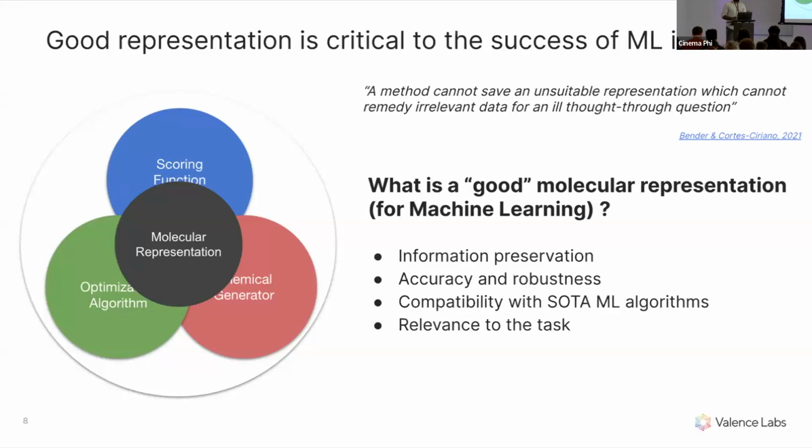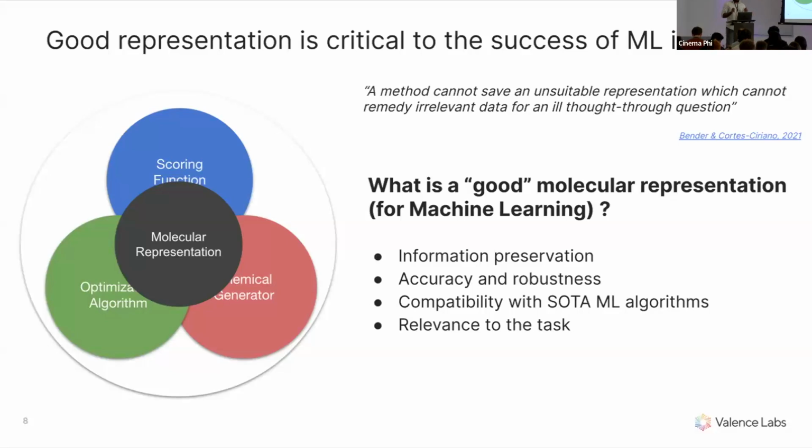But also a representation that allows you to build models that are very accurate. Given that we are in the era of transformers and GNNs, you want a representation that is compatible with these new state-of-the-art algorithms.